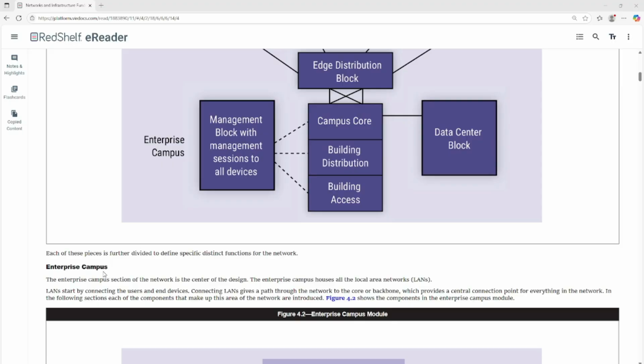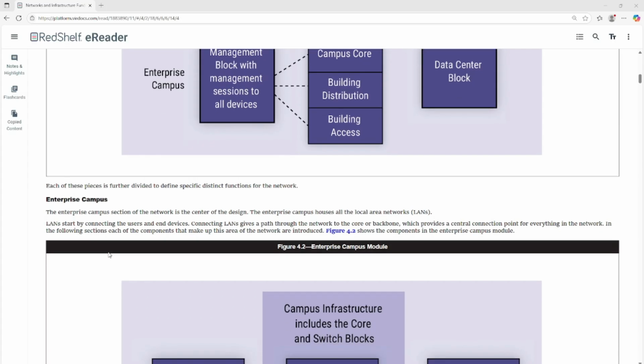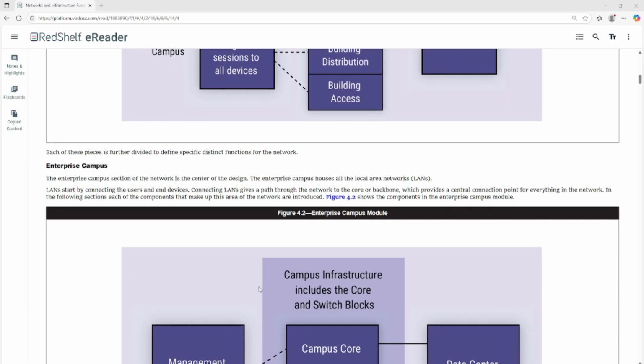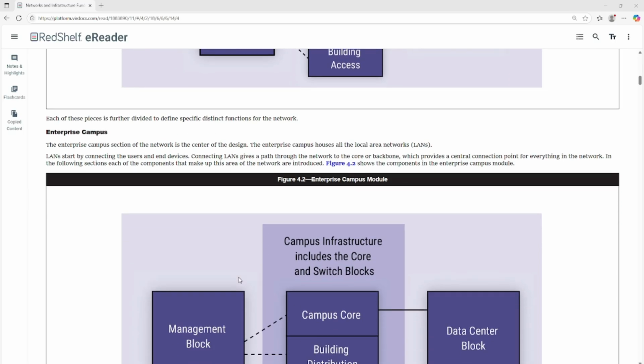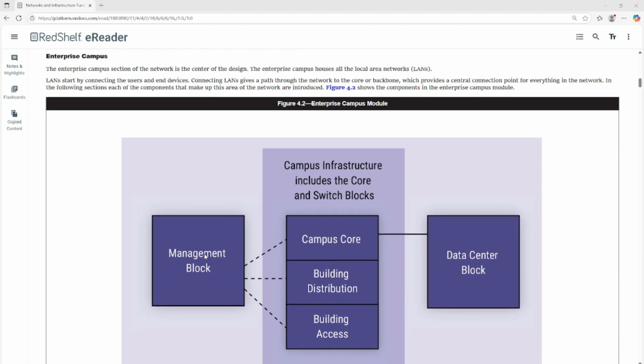Let's look at the enterprise campus. Most important here is its responsibility. The enterprise campus includes the core, distribution, and access layers within the organization's premises.